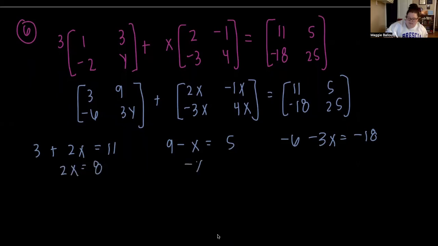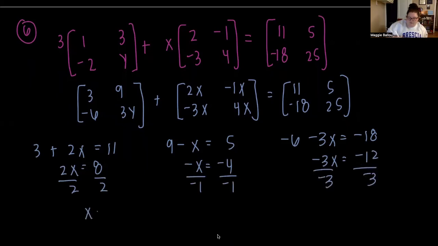Negative x is equal to negative 4. And negative 3x is equal to negative 12. Divide by 2, divide by negative 1, divide by negative 3. And x is equal to 4, and it is the same for all three equations.